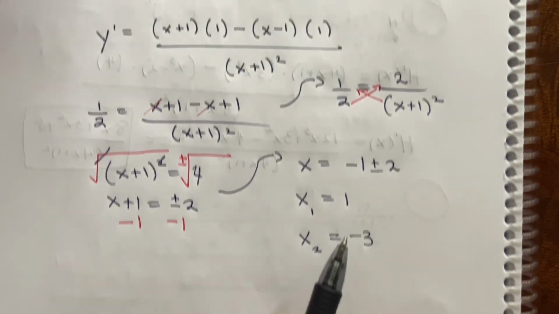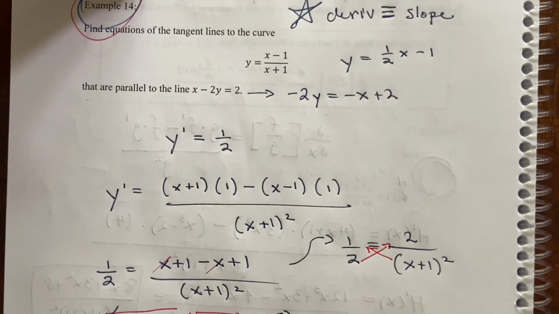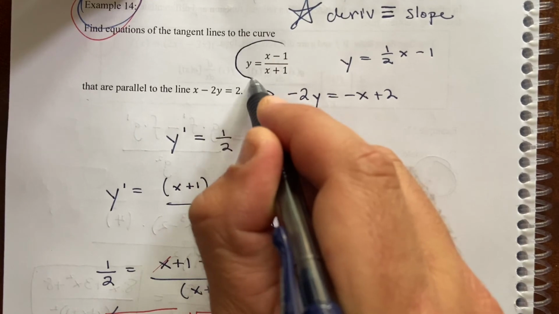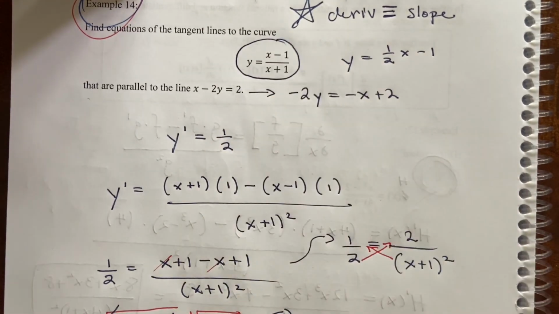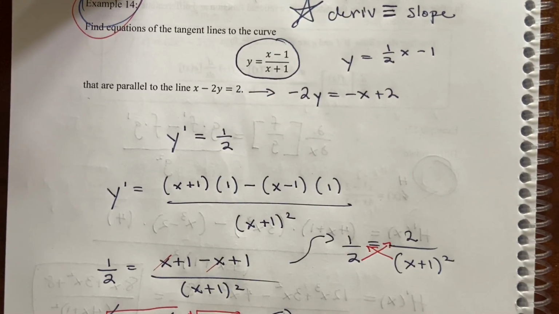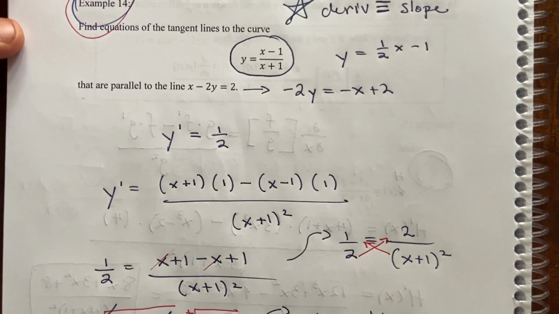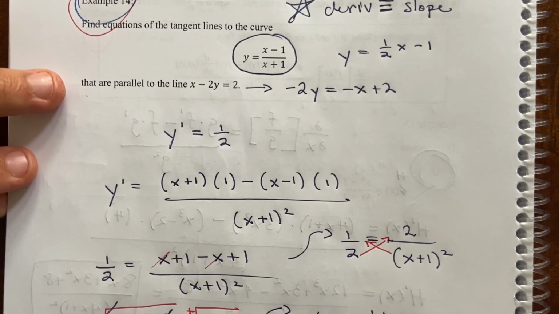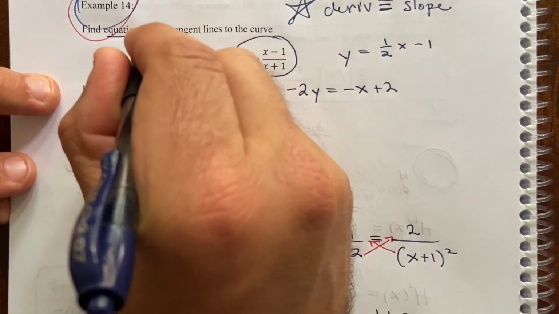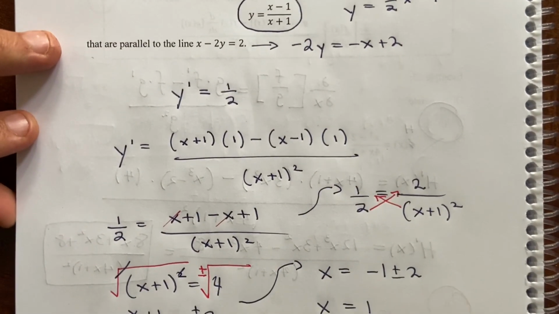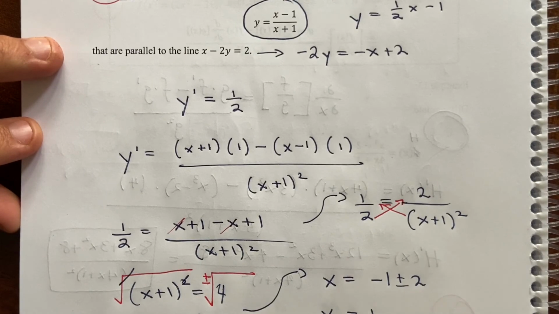What we need are also the y locations. This thing tells you y locations based on x locations. Okay? So there's going to be 2 equations. So let's find y1.